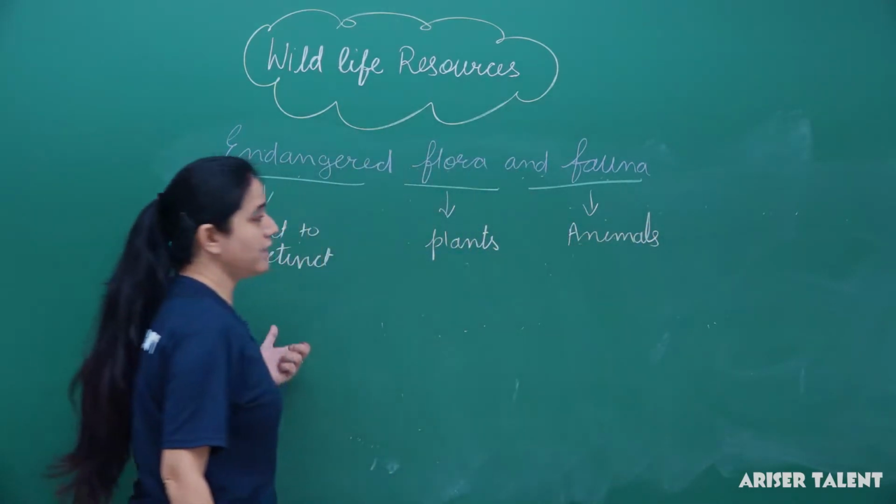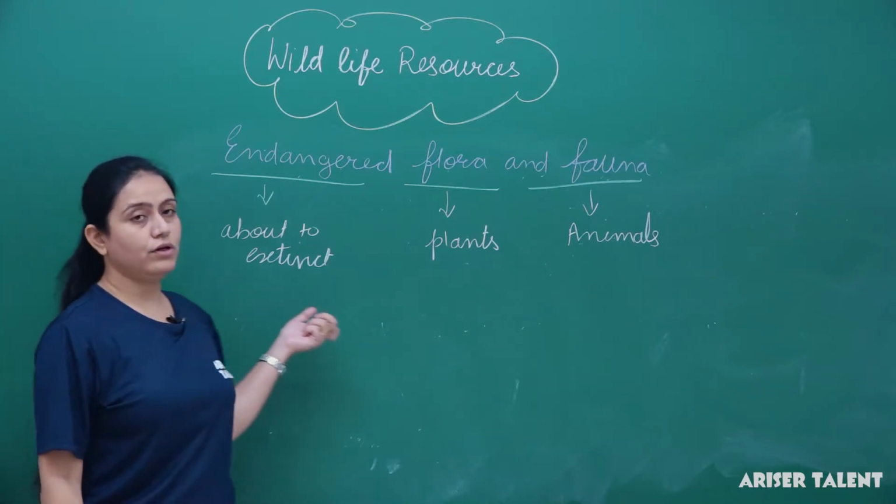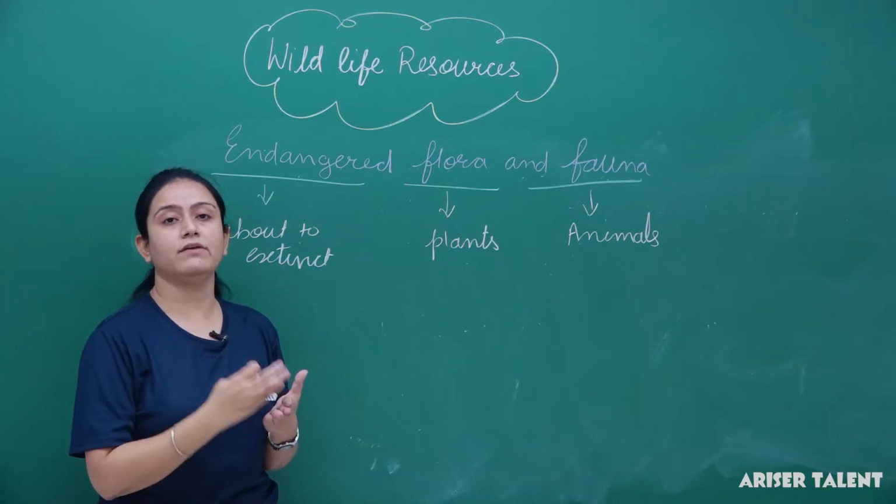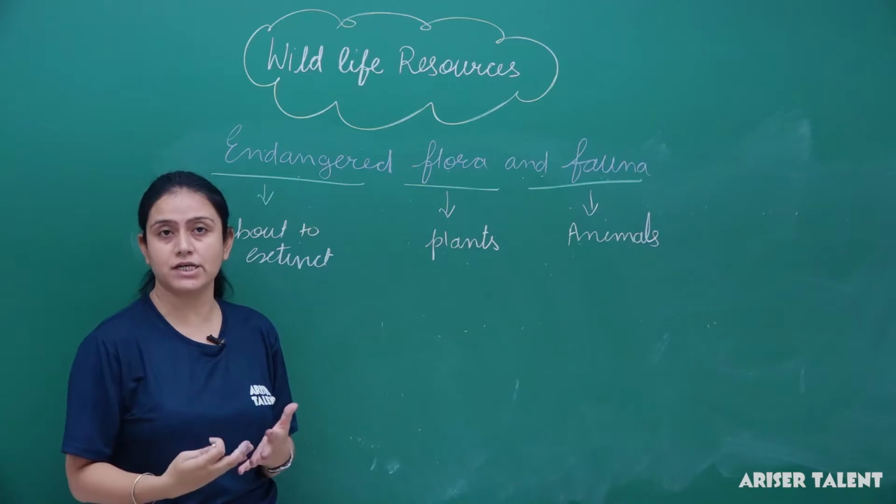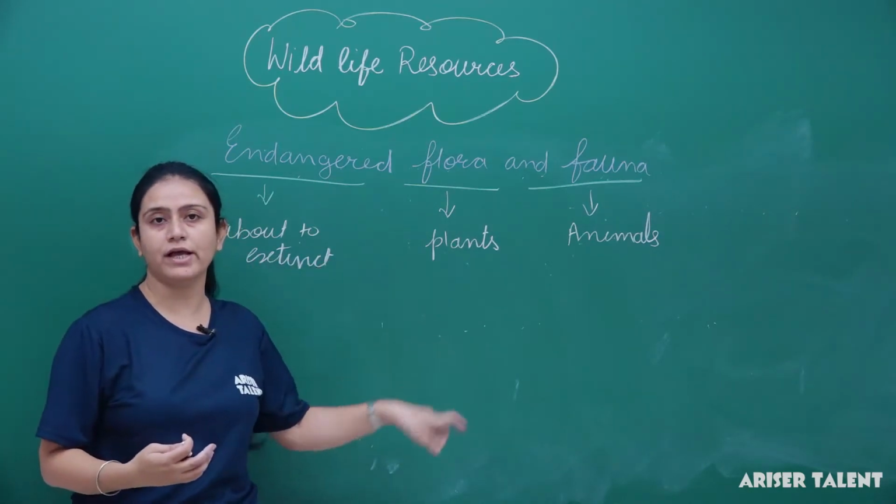So we can say endangered flora and fauna means the species of wildlife which are about to become extinct.